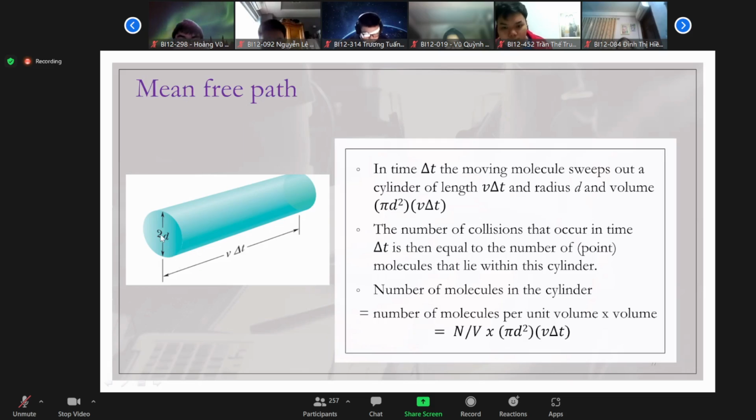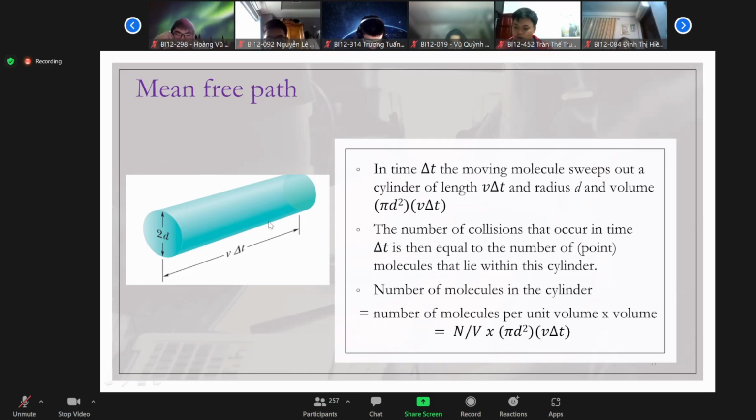A diameter d, this one, because this is the diameter of the molecules. And the volume here is actually this one times this one times the area, pi d squared times v delta t. Do you agree with me?